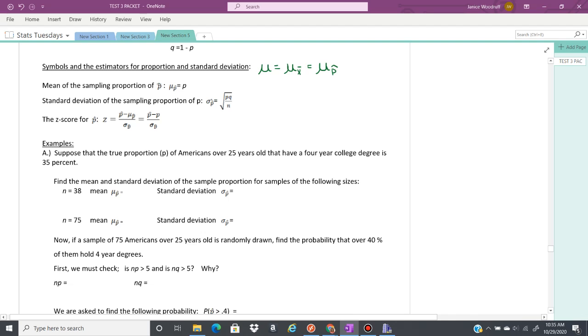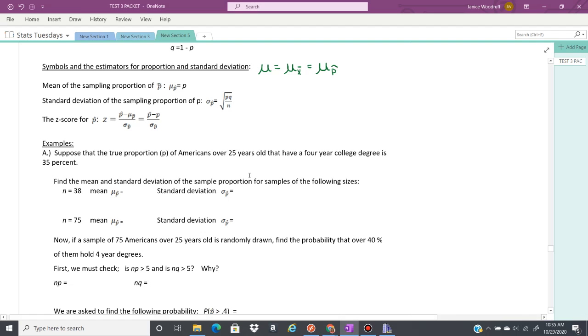Once we get the standard deviation for the proportion, that's going to be the standard deviation in your z-score formula. Just like in 7.3 and 7.4, in our z-score formula, our denominator changed. Same thing here. These ones are really easy to spot because you're going to be given a percentage, as opposed to a mean and a standard deviation and all of that stuff.